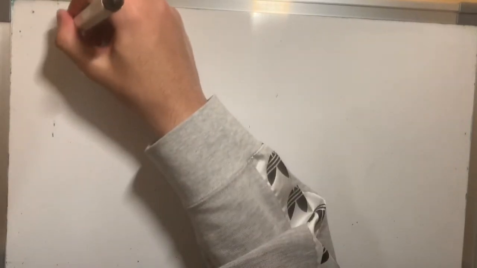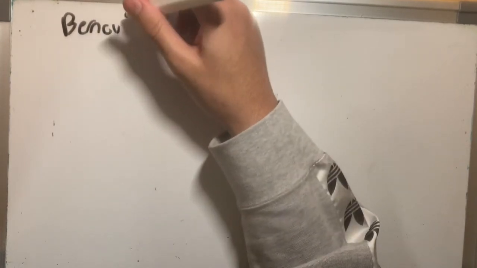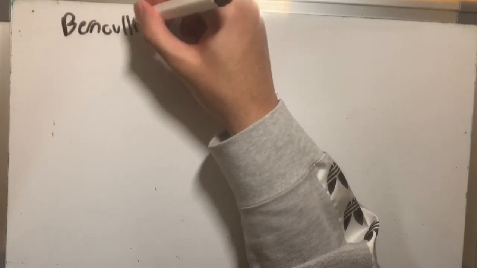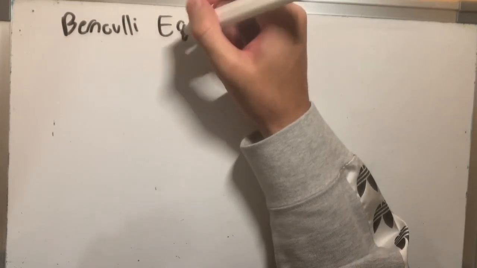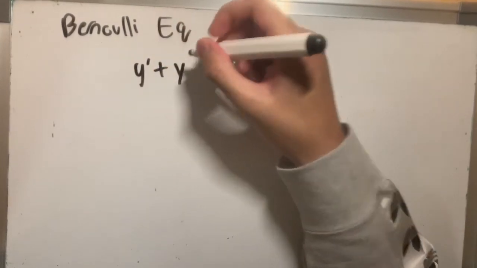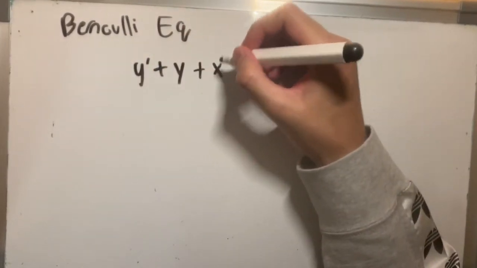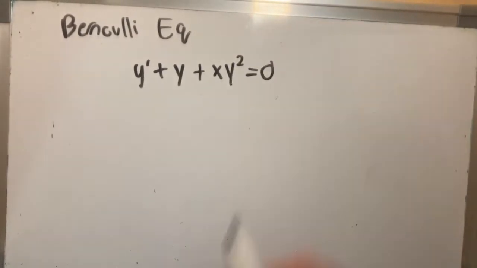So let's quickly go over Bernoulli's equation, which basically states what you will do if you get an equation that is not linear. For example, y' plus y plus x y squared is equal to 0.